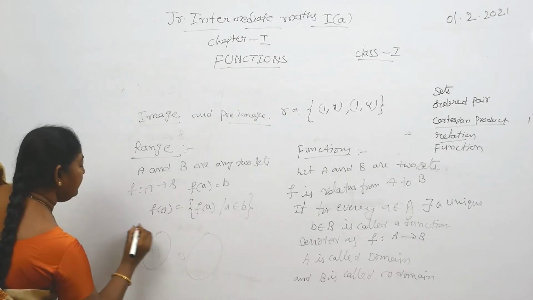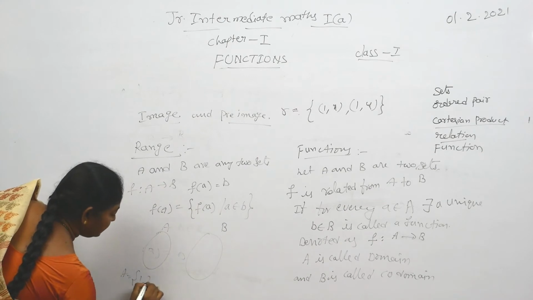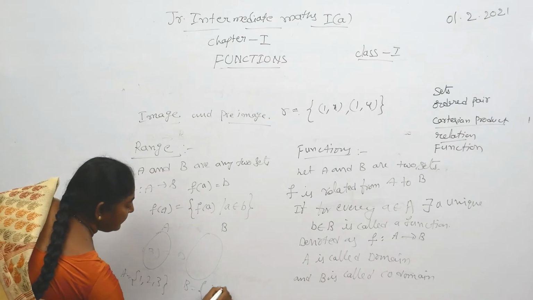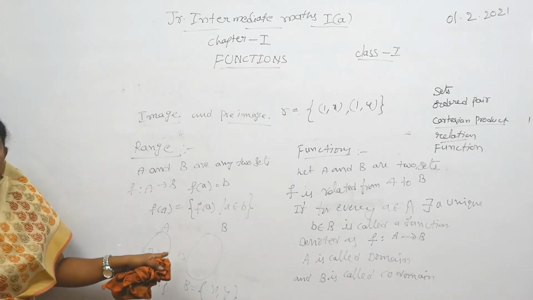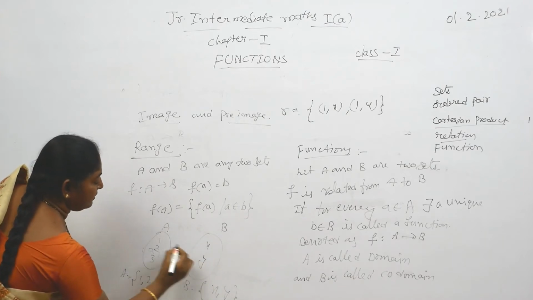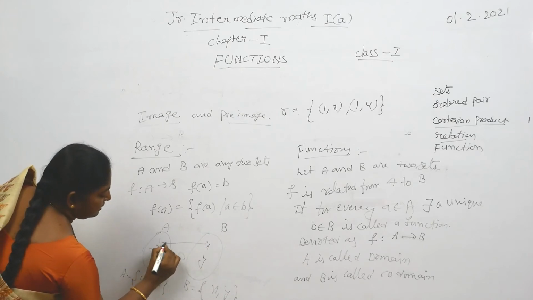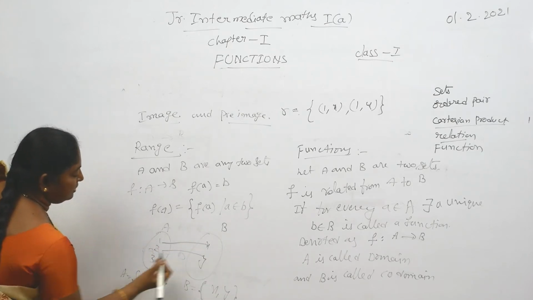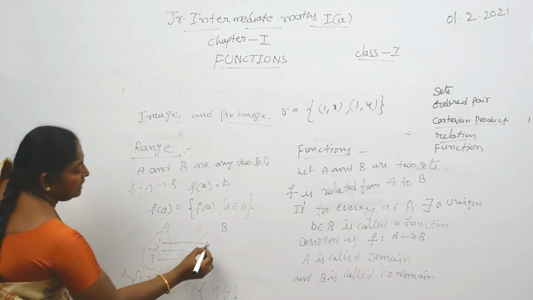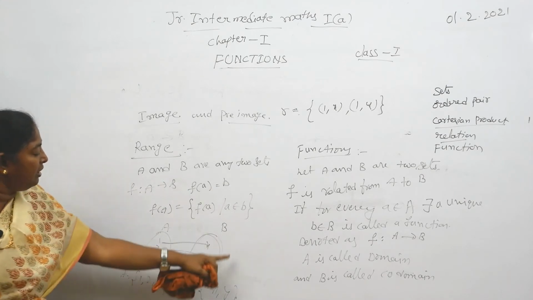Take one example: A equals {1, 2, 3}, B equals {x, y}. Here 1 is related to x, 2 is related to y, and 3 is also related to y. So these are the f of a, and these are all the range.